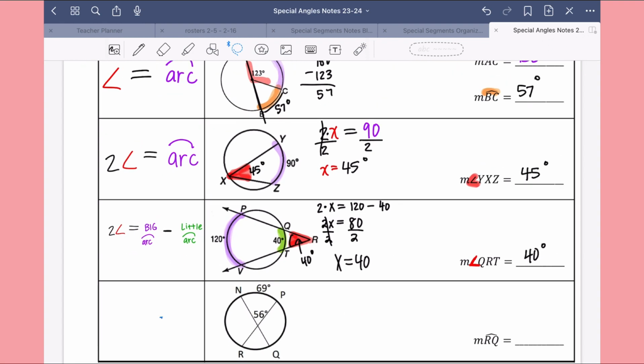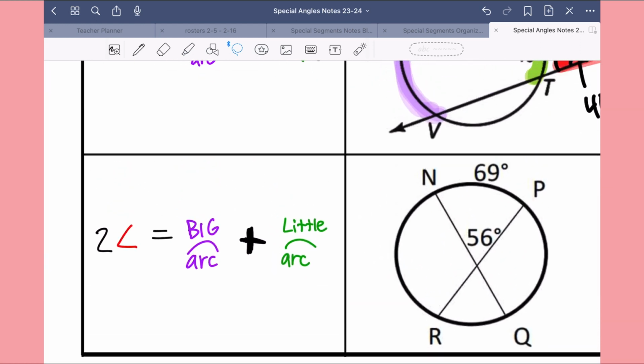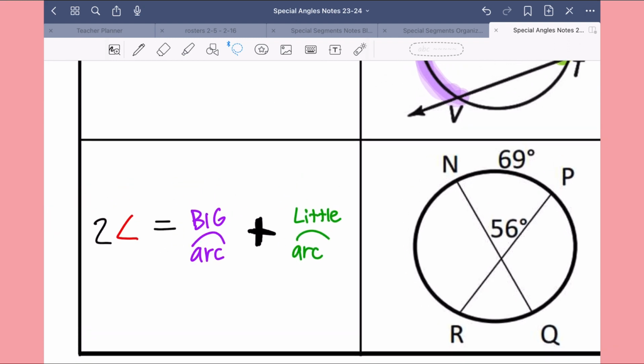We can clearly tell the angle is inside, so we're going to be using this formula. Copy your formula again. Your vertex is inside the circle. It's not at the center because it's a little more down here. But this is my formula. I'm going to grab a highlighter. Highlight your angle. My angle is 56.